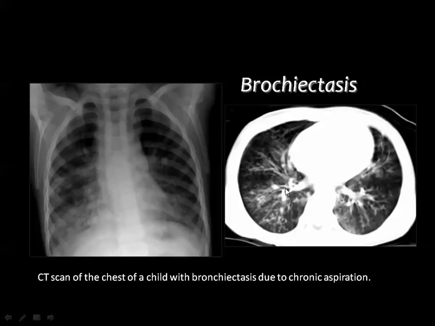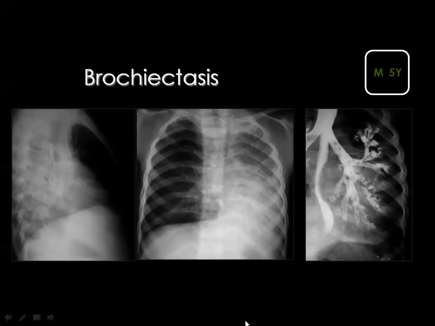Here you can see that the bronchi are relatively dilated, and this is what we call the diffusiform bronchiectatic changes. And this is a case of pneumonic consolidation, which was complicated by collapse and bronchiectasis with evident loss of the left lung volume and the ipsilateral shift of the heart and the mediastinum.